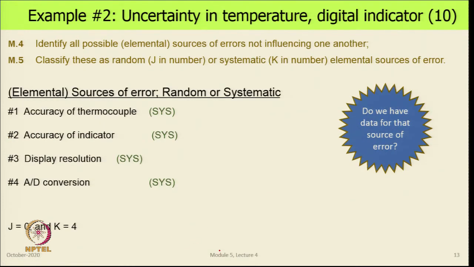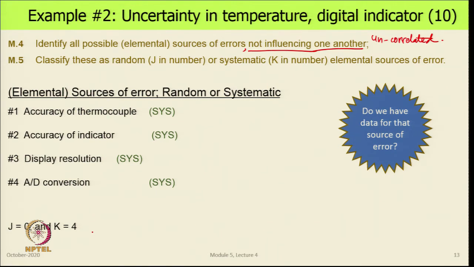This identify all possible elemental sources of error and not influencing one another. So, we are again and again saying these are uncorrelated errors. And what we see here, we can say that, look, from the instrument, the sensor thing, I got the accuracy of the thermocouple.